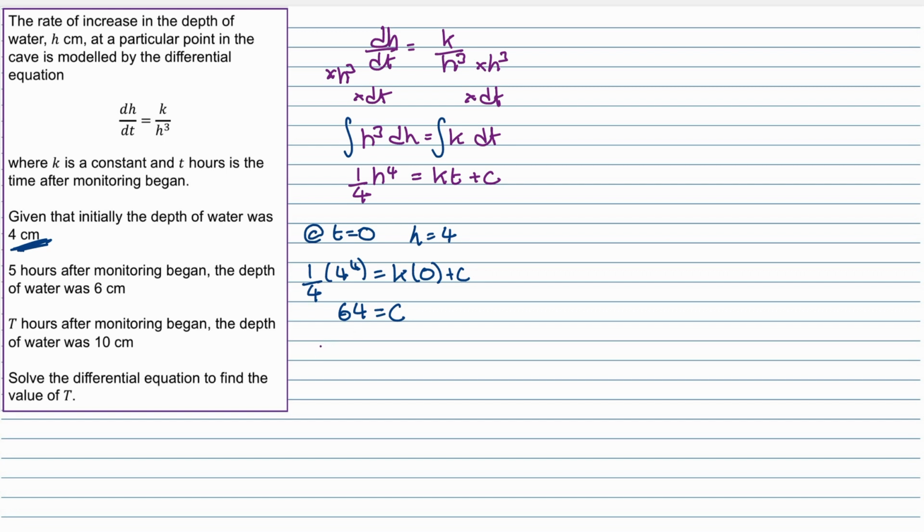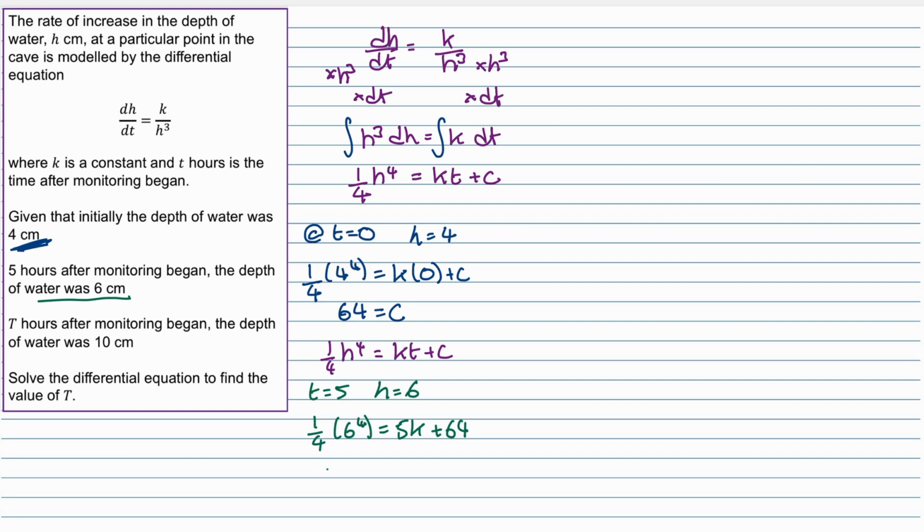So if I write this back into the equation, 1/4 of h to the 4 will be kt plus c. And now we can use these conditions. We know t is 5 and h is 6. So we'll have 1/4 of 6 to the power of 4 will equal 5k plus the 64.